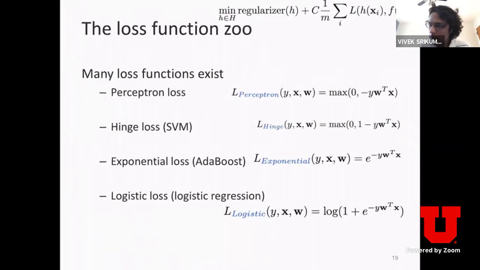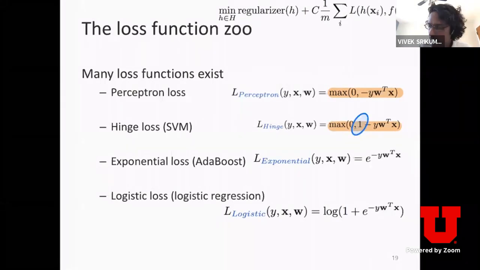The perceptron algorithm that we've seen and you've implemented is, from this perspective, just minimizing something called the empirical perceptron loss. The perceptron loss looks very much like the hinge loss, except it doesn't have that one there. The other thing that the perceptron does not have is a regularizer.